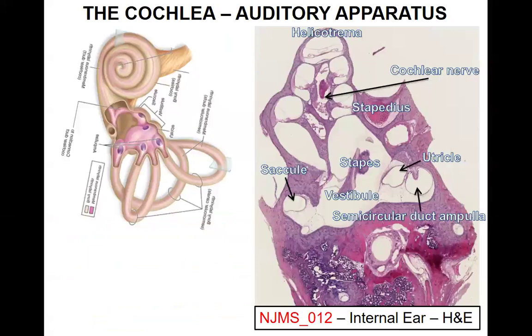Now, let's switch to the cochlear auditory apparatus. So I told you that the cochlea, as you see it here, is sort of like, imagine it as a cone.